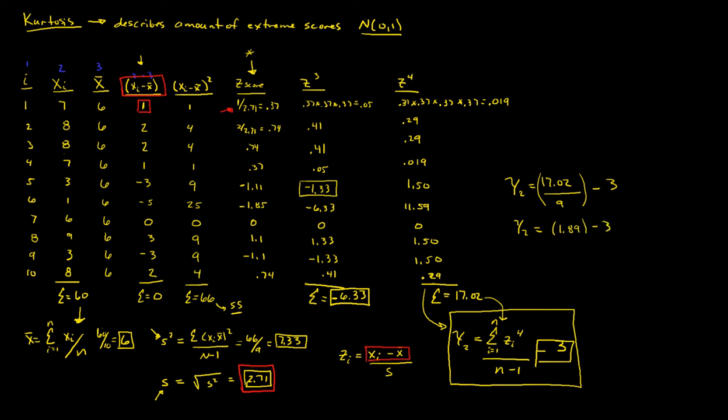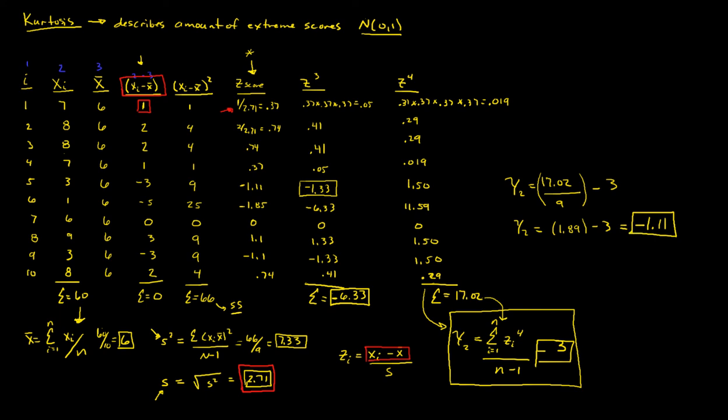That gives you an overall gamma 2 answer of negative 1.11. So that is the answer here.